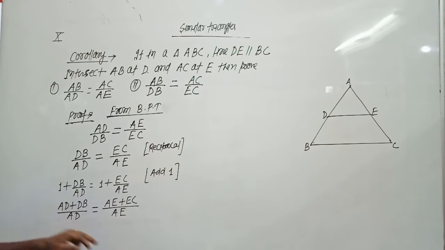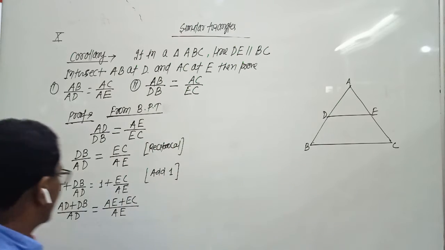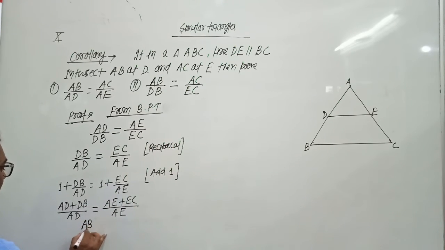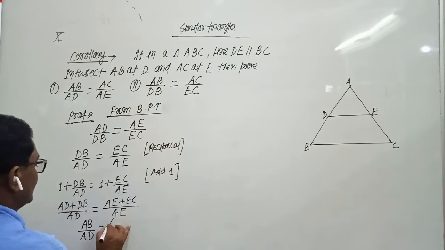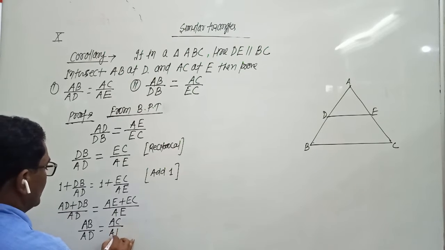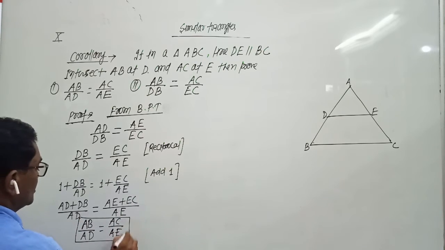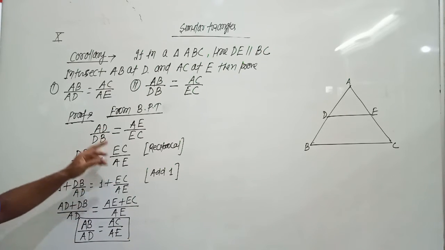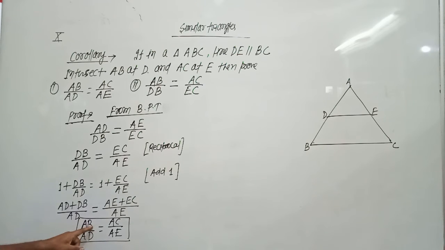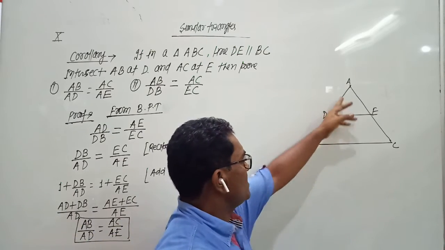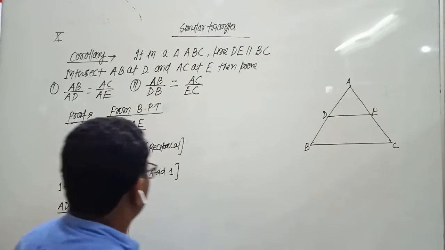AD plus DB is written as AB, so AB upon AD, and AE plus EC is written as AC, so AC upon AE. So this is the first corollary which is proved by BPT theorem, AB upon AD equals to AC upon AE.